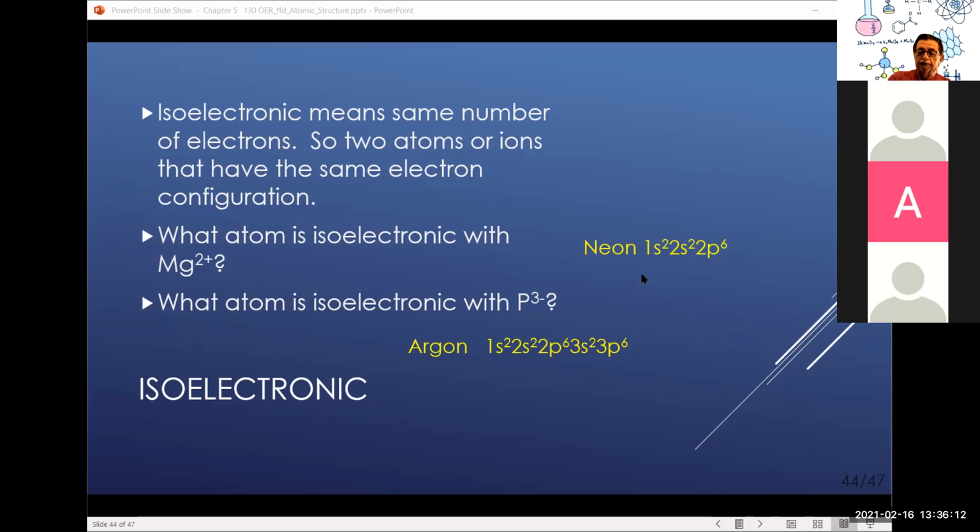Fluoride. P minus 3, which is now phosphide. I'm going to start using the names. Phosphide, which is the anion of phosphorus, by picking up 3 electrons, is now isoelectronic with the noble gas in front of it.